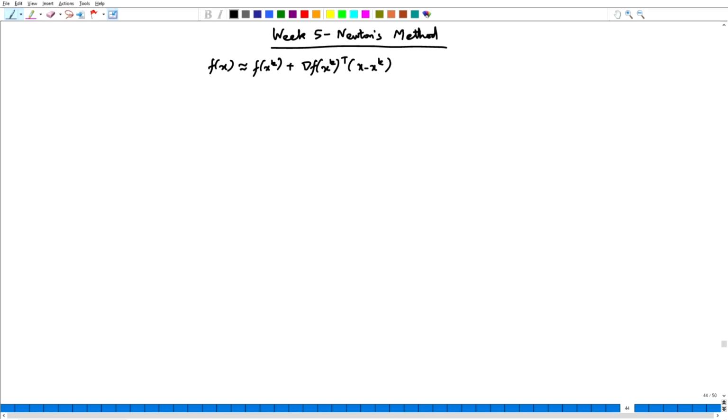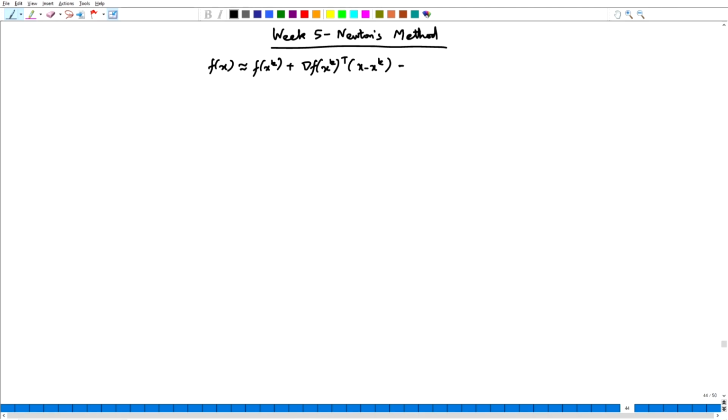This is the first order approximation of Taylor series, okay. And we used this expression to derive that del f x transpose d less than 0 is the condition that d should satisfy to be considered as a descent direction, right. So, the basis of all of the algorithms discussed until now, the gradient descent and the various forms of conjugate gradient, is the first order approximation.